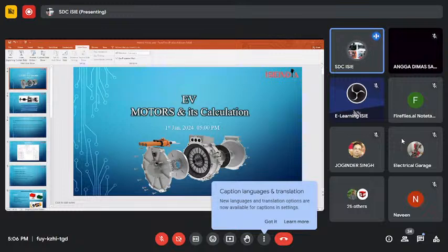Electric motors can be powered by direct current DC sources such as batteries or rectifiers, or by alternating current AC sources such as power grids, inverters, or electrical generators, right? We know that there are two main sources of electric current, DC and AC. Electric motors can be powered by both direct current as well as alternating current.